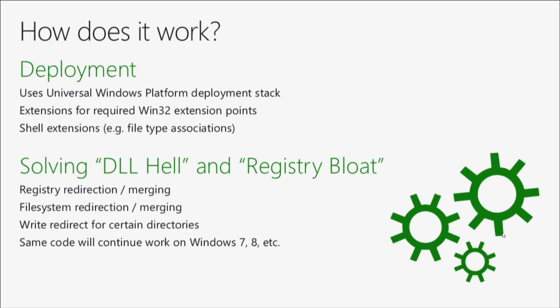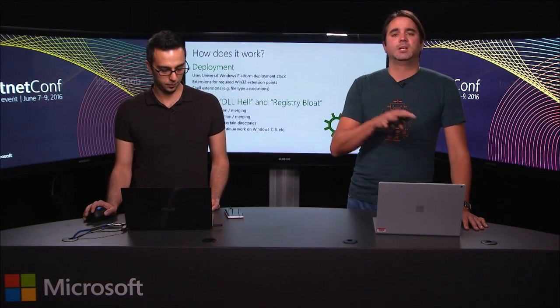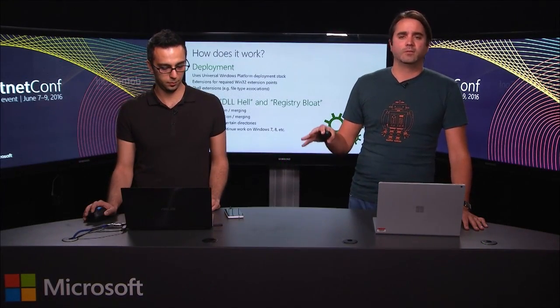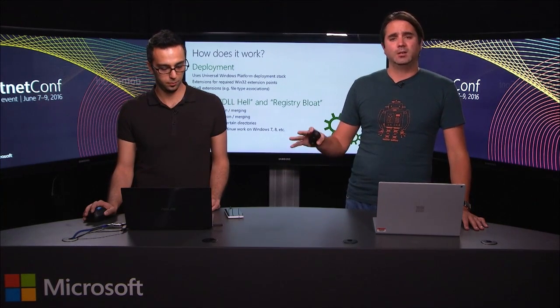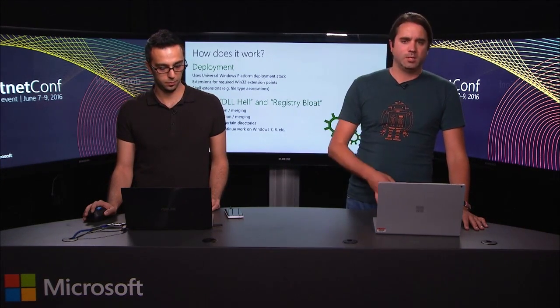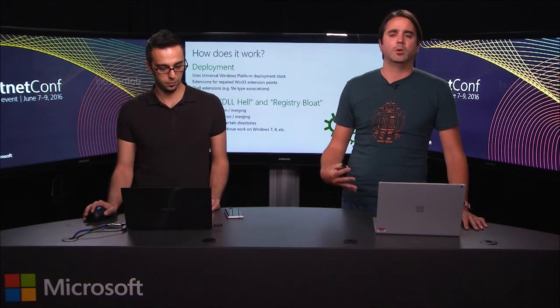And so WPF just doesn't exist anywhere else. It doesn't exist on mobile. It doesn't exist on IoT. And so because of that, there's work for you to do to migrate your app from desktop to just using the Universal Windows SDK. And once you're done, then you can deploy to IoT, you can deploy to Xbox, you can deploy to other places.